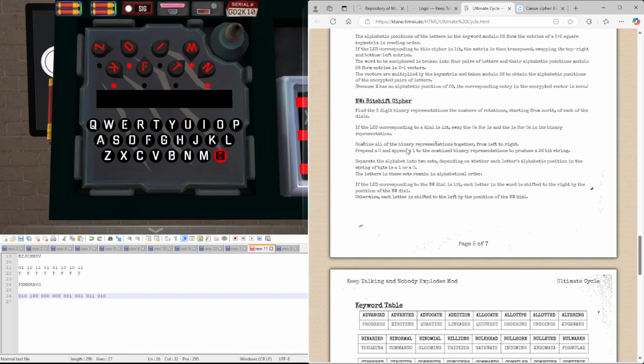Make 0 and 1, prepend 0, append 1. Everybody having two sets, so whether each position in the string of bits is 0 or 1.